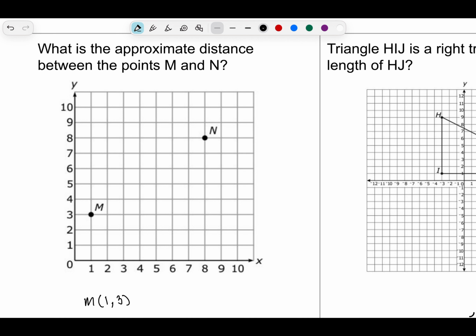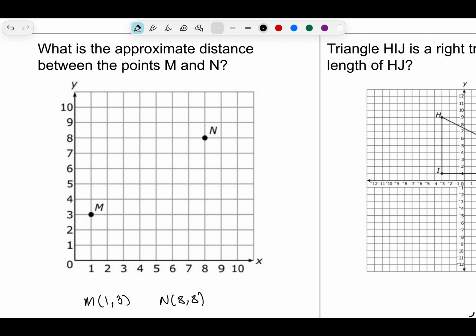Okay? Same thing we're going to do for N. We start at our 0. We always go over. So it's actually over on 8. And then we count up until we get to N, which is also on 8. So the ordered pair for N is going to be at 8, 8.